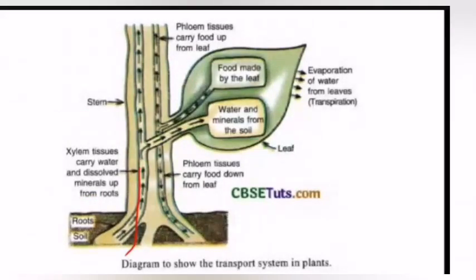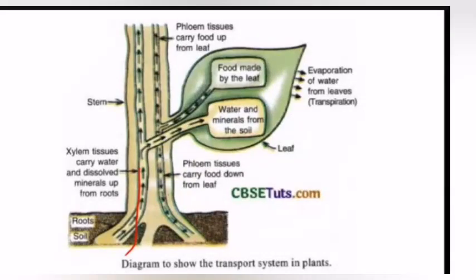Imagine water droplets are arranged head to head from down here to up here. When transpiration occurs, one water droplet evaporates. As it evaporates, remember cohesion, they are attached to each other. So as it evaporates, it pulls the other ones up. During transpiration, as water droplets evaporate, they pull the ones beneath up, thereby water is moving up.